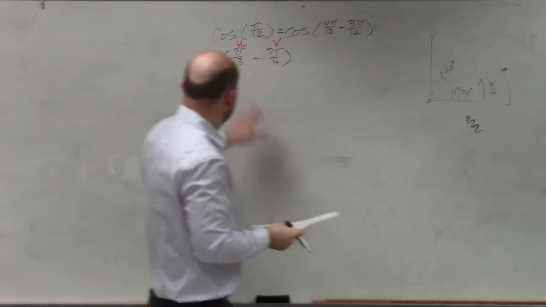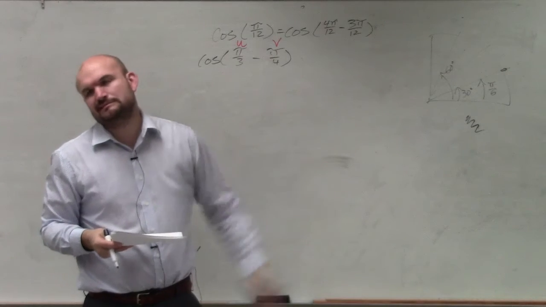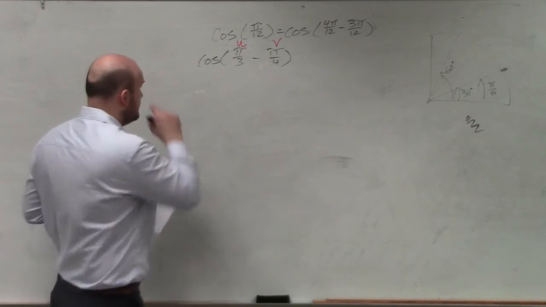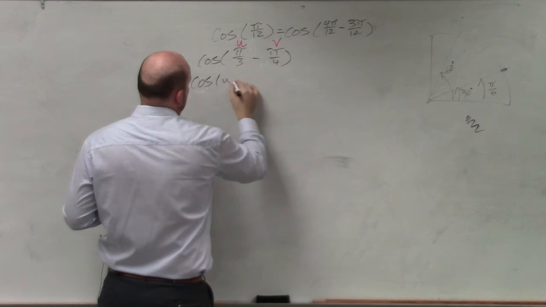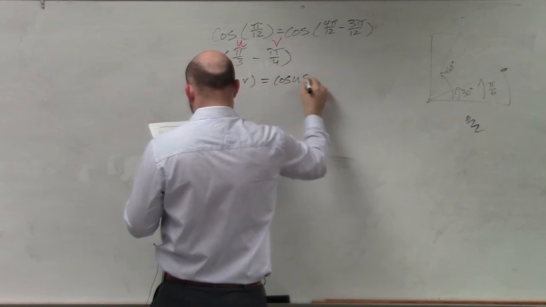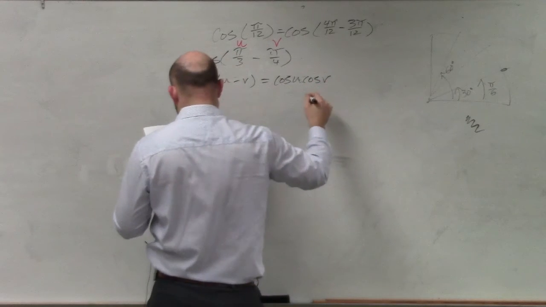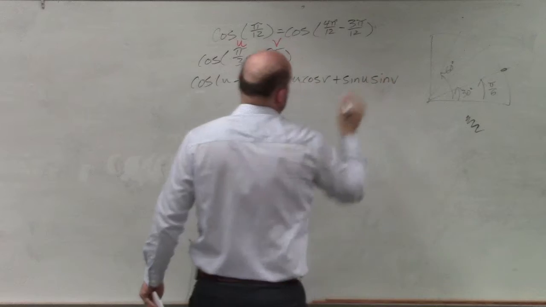So this is the difference of cosine. The difference formula for cosine, cosine of u minus v, is going to be cosine of u, cosine of v, plus sine of u, sine of v.